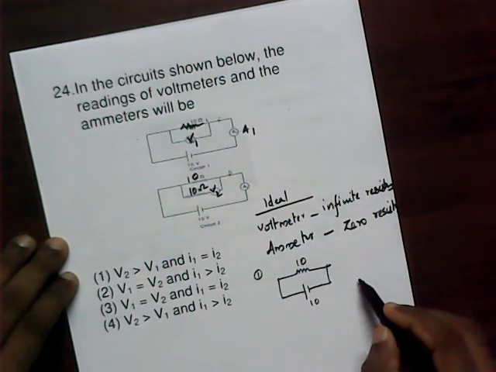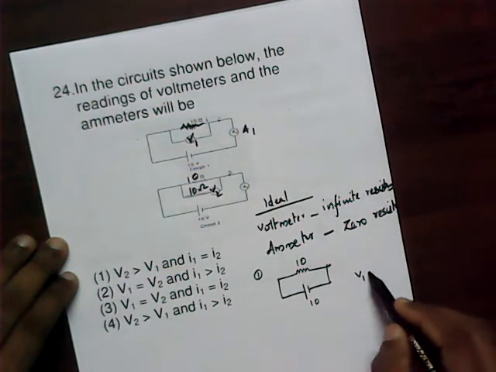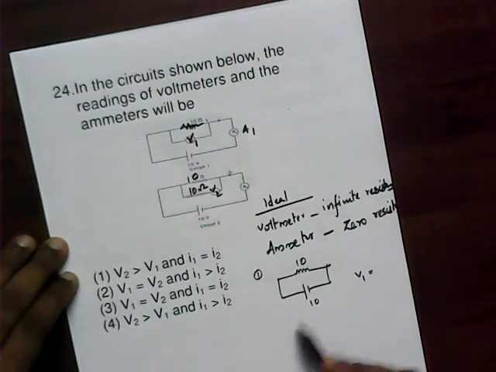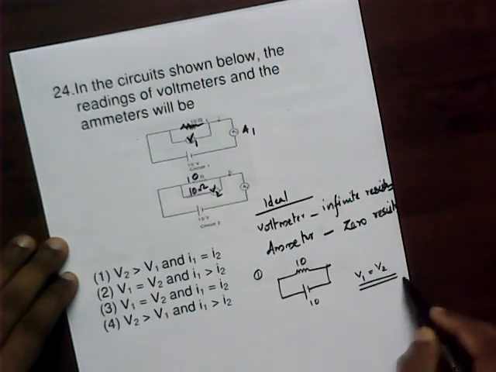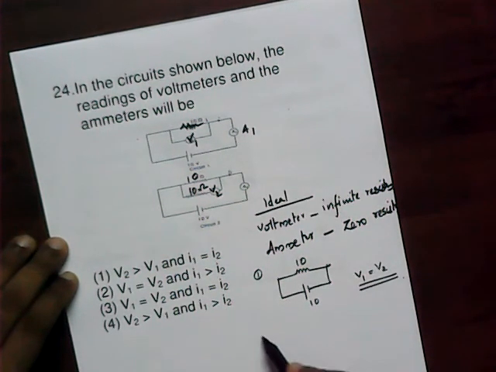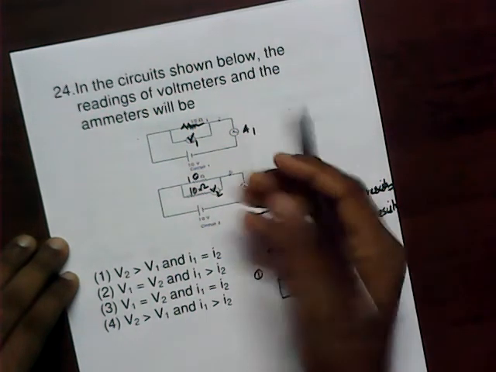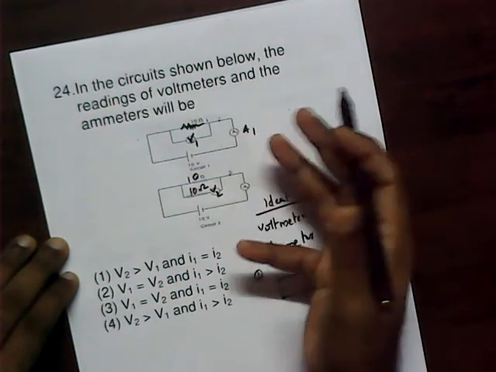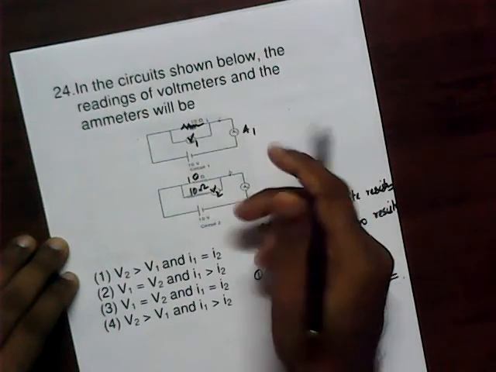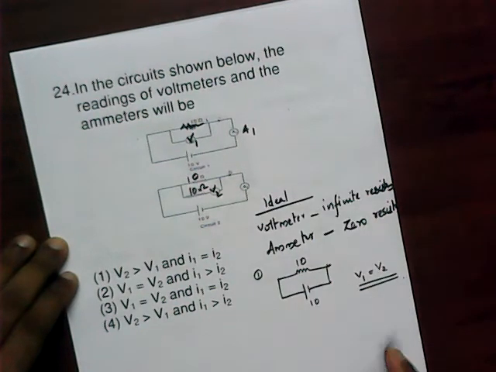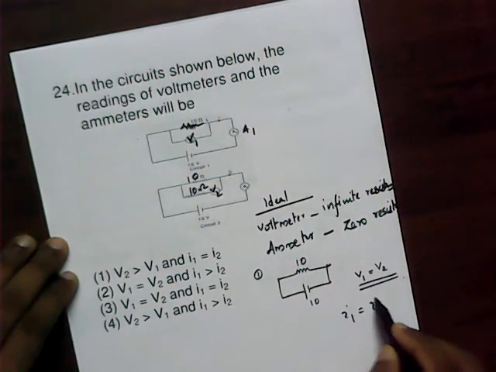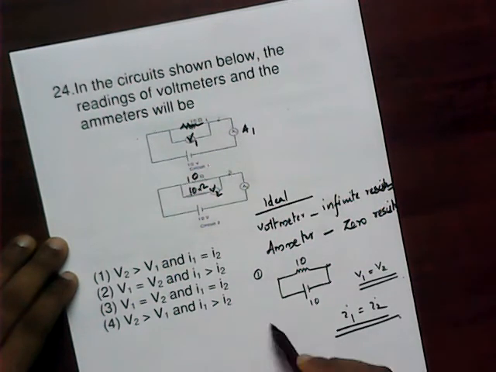And we can easily say the voltage V1 is that. And what about the second case? Again in that case the same circuit. So V1 should equal V2. And in the second case, what about the current? In the same case, if you just consider the current flow for the two ammeters, the same circuit is retained, and hence we can say that I1 should equal I2. So we can say 3 as the answer.